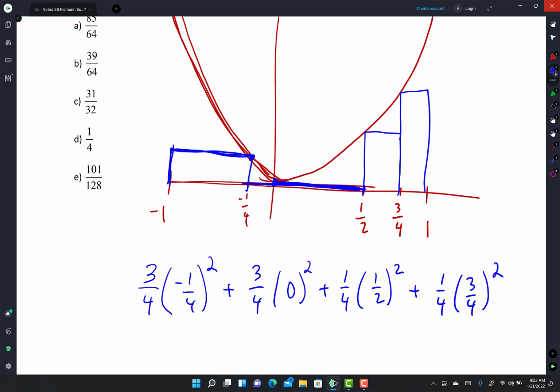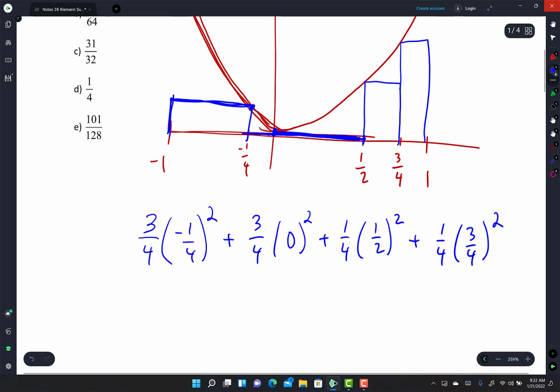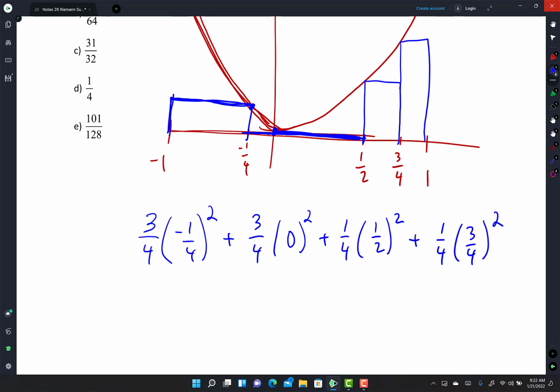How do we feel? All right. So it's 1/4 because that's the distance between 3/4 and 1. I'm just doing width times height, width times height, width times height. The width between 3/4 and 1 is 1/4. The width between half and 3/4 is also 1/4.